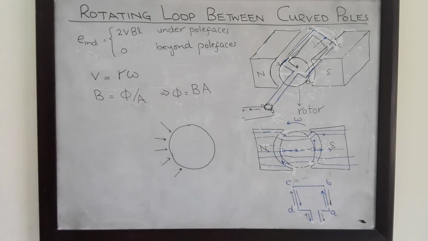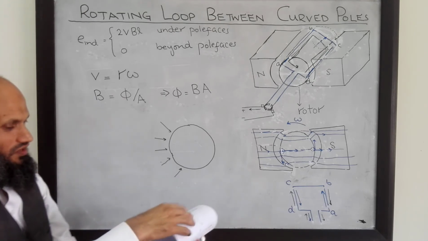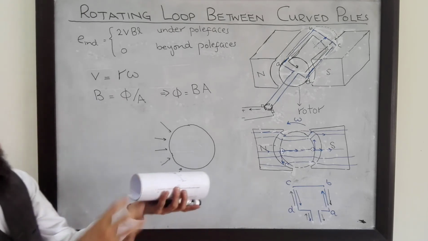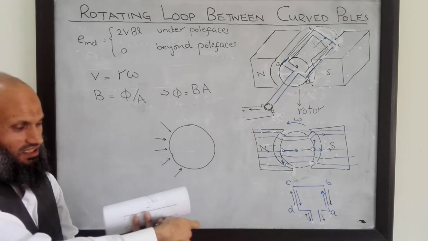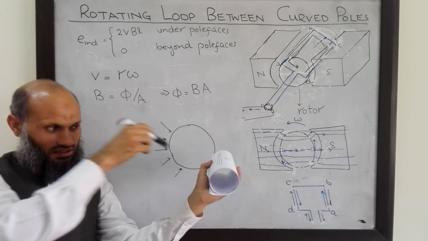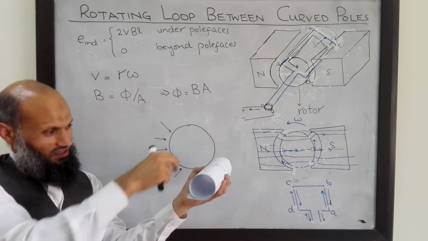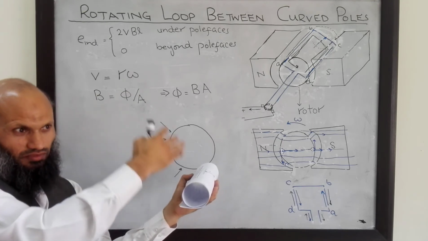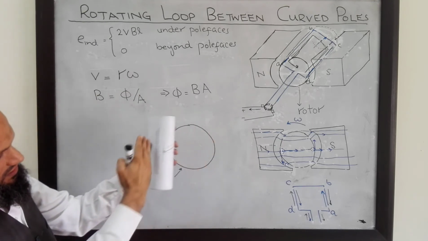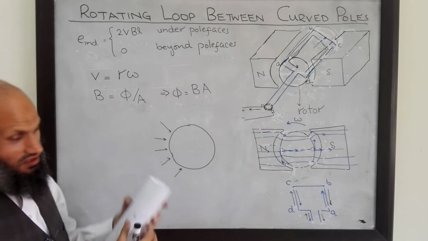So a situation is like this one. We have this cylindrical rotor, and flux lines are like this one. So what is the area which is perpendicular to these flux lines? The area is the surface area of this rotor.